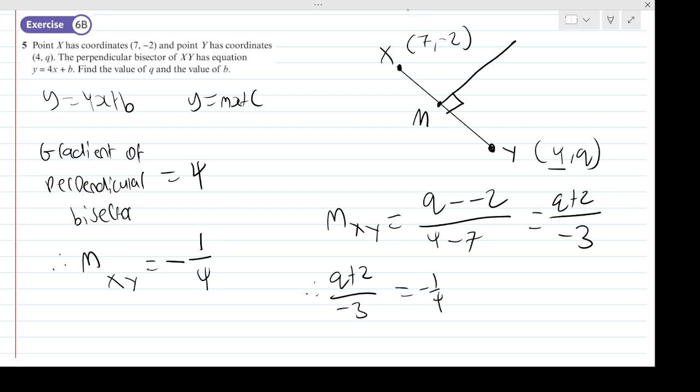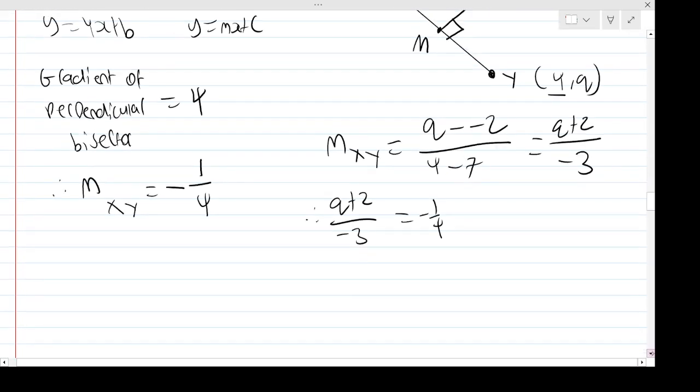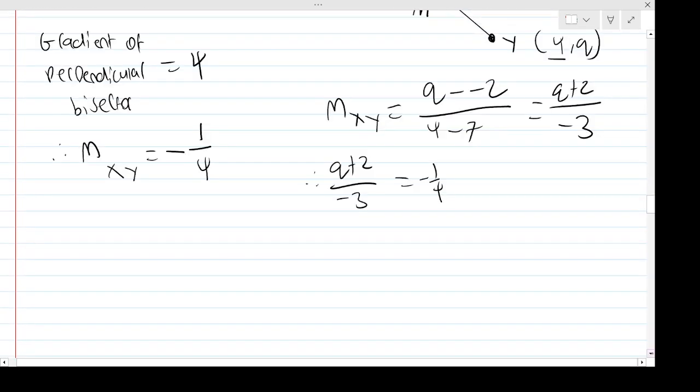But now this is a sort of algebraic fraction. We can cross multiply to solve it. So first I can get rid of the negatives on both sides. So q plus 2 over 3 is equal to 1 over 4. If I've got 2 negatives on either side, I can just divide through by minus 1 to get rid of both negatives.